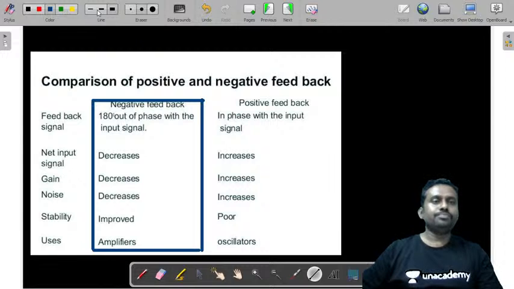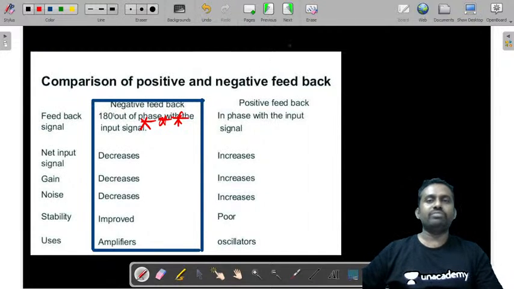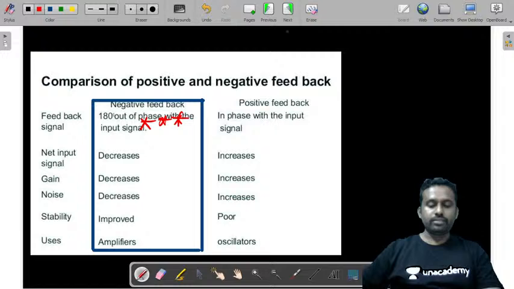So this is an important feedback, negative feedback, which is generally applied for any system. In oscillators, positive feedback is used, but in most applications, negative feedback is much preferred over positive feedback.